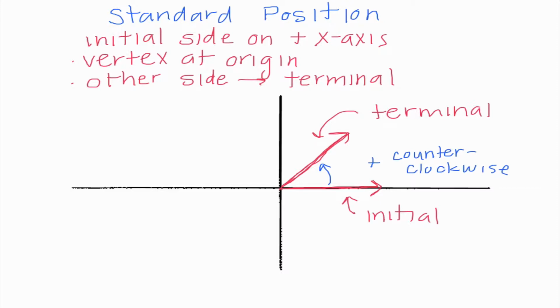If we are working, and I'm going to change colors here just because I want to, if we are working in a negative angle measurement, so I'm going to write this over here, negative, we move clockwise. So I'm going to go ahead and draw an arrow that indicates that.